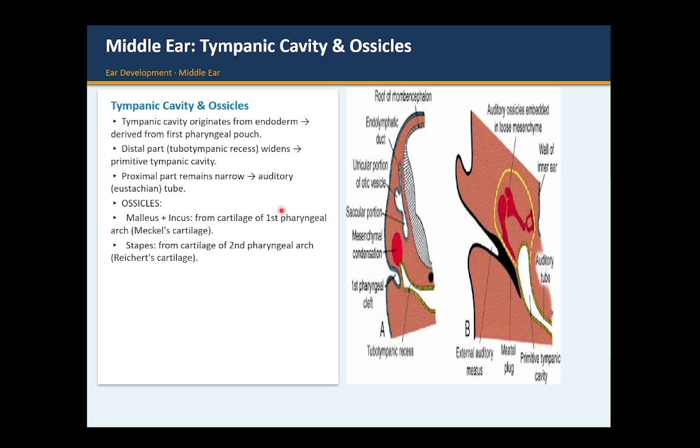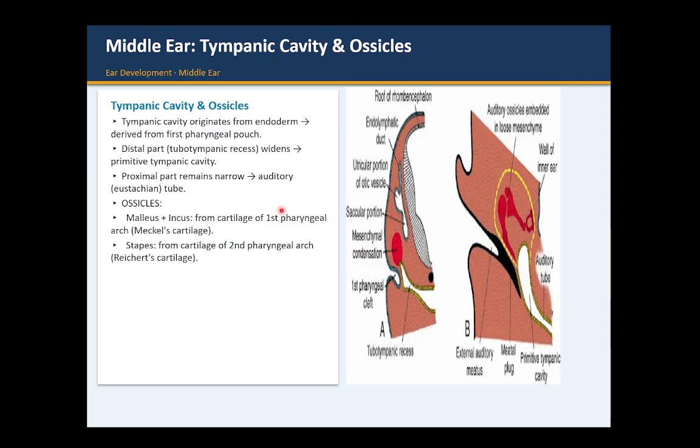As it extends backwards, it forms something called the tubotympanic recess. The proximal part of this tubotympanic recess is going to give rise to the auditory tube. The distal part is going to give rise to the middle ear cavity, and then the posterior-most part is going to give rise to the mastoid antrum.